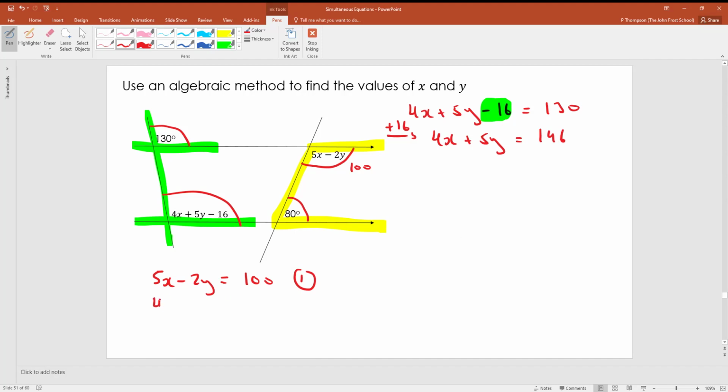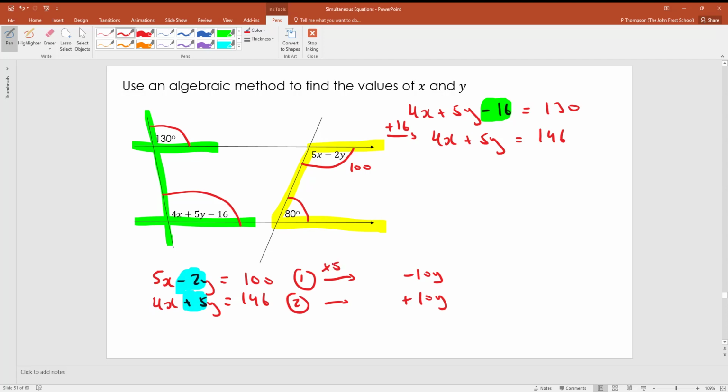So if I put that down here now, and I will call this equation 2. I'm going to match the y's up again, and I notice that 5 and 2 are both going into 10. 10 is the lowest common multiple. So I'm going to make that minus 10y and this plus 10y.